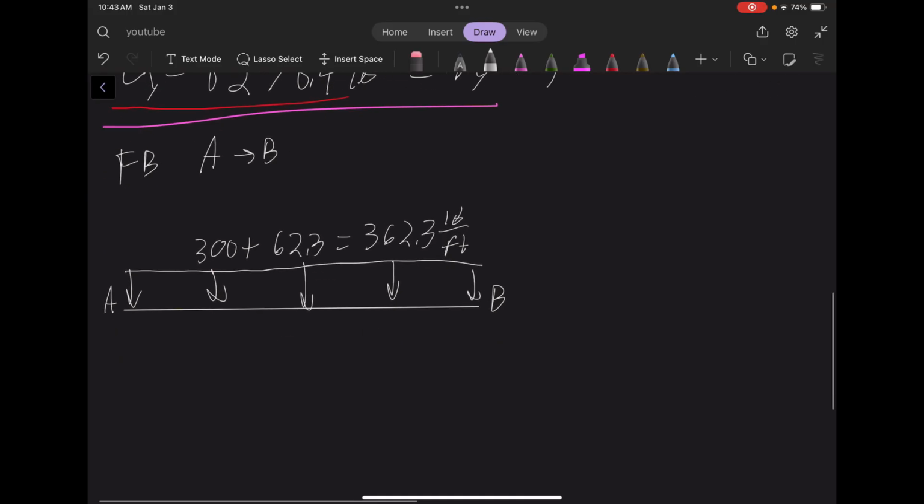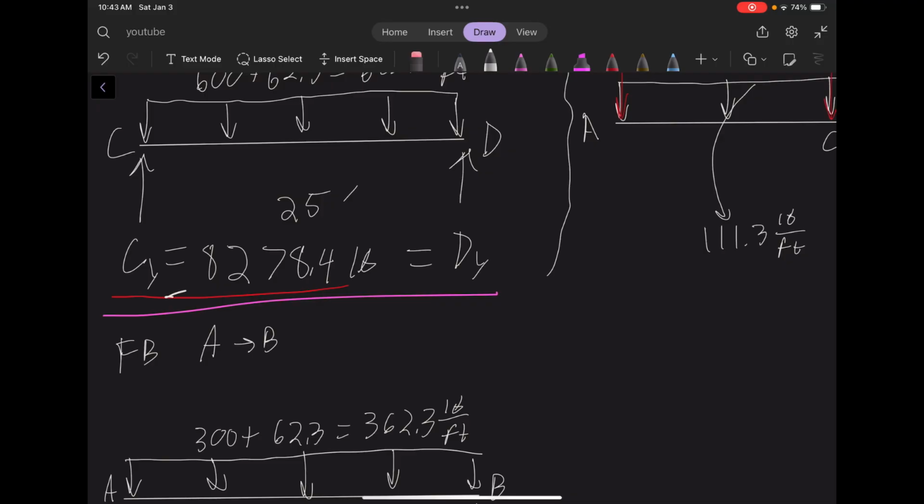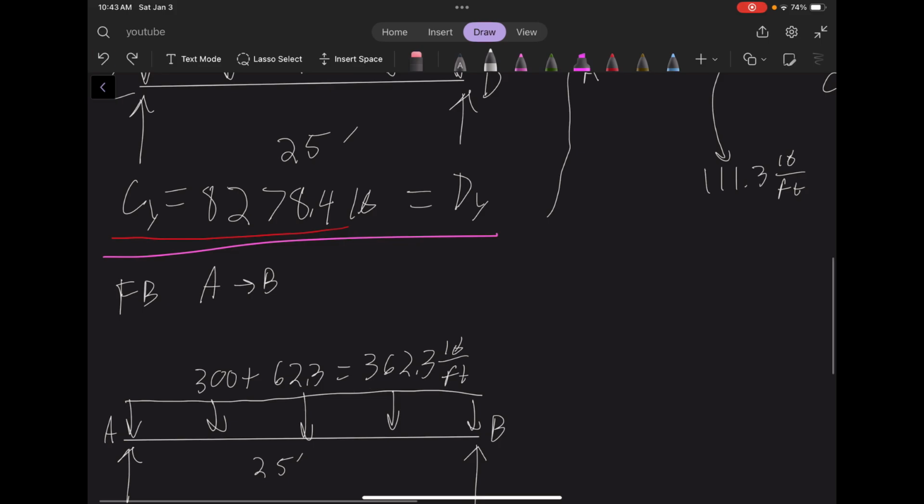And again, the distance here is still 25 feet, but the reactions here are not going to be half of the reactions there, because this is not half of this.